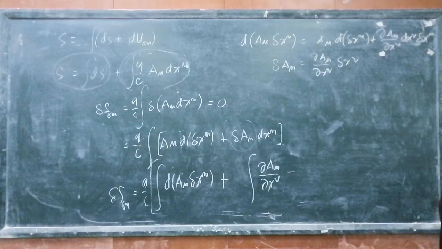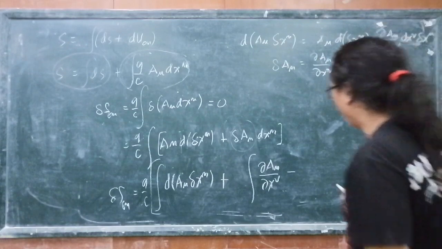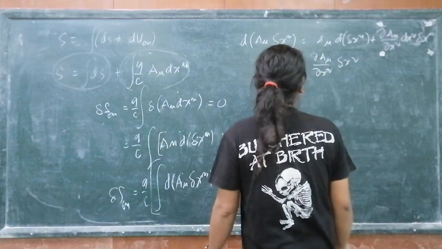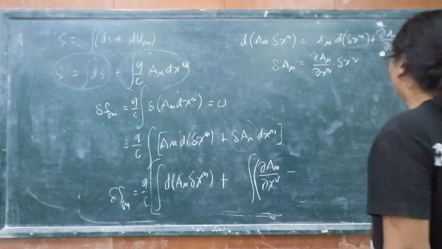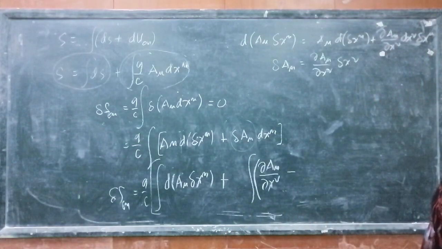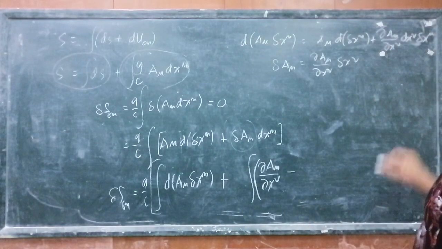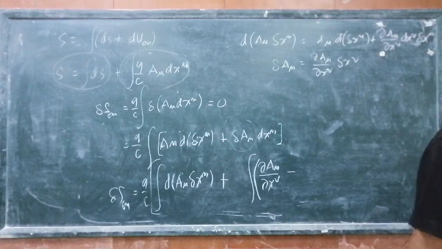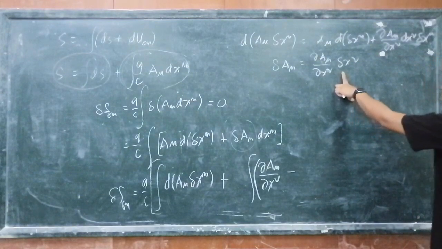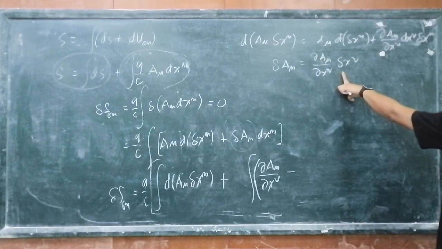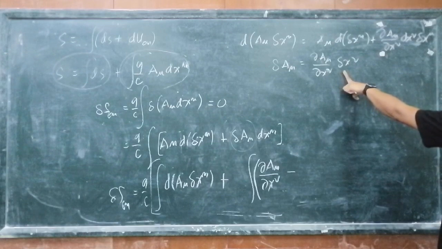Well, the trick here is, okay, anyway, A_nu partial dx^nu. Okay, minus. Okay, this one is different from that one.